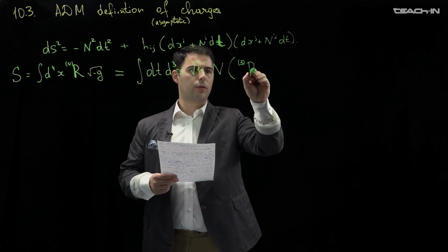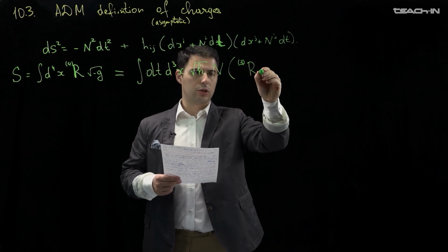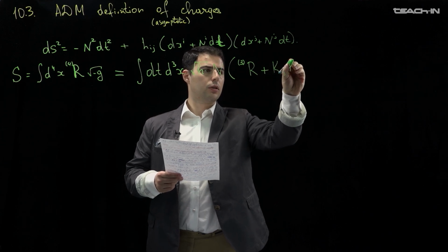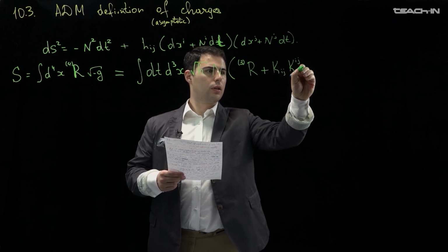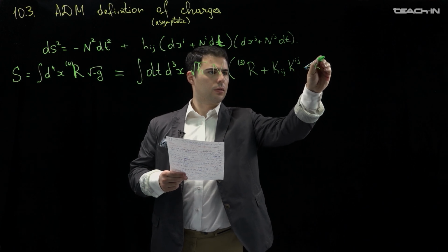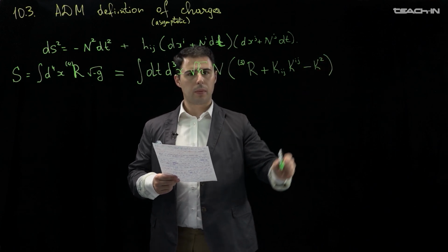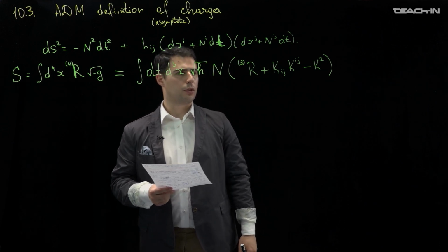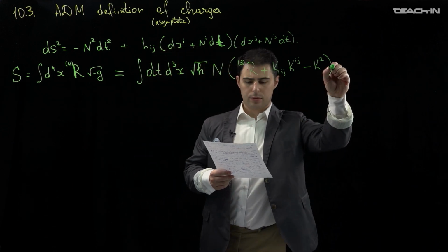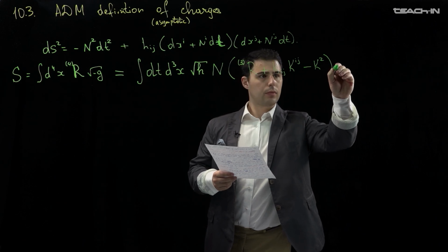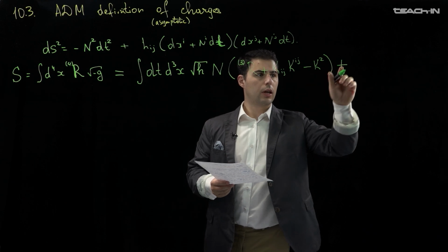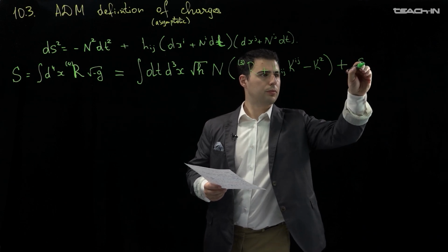We have the three-dimensional Ricci scalar plus the extrinsic curvature terms, plus some surface terms.